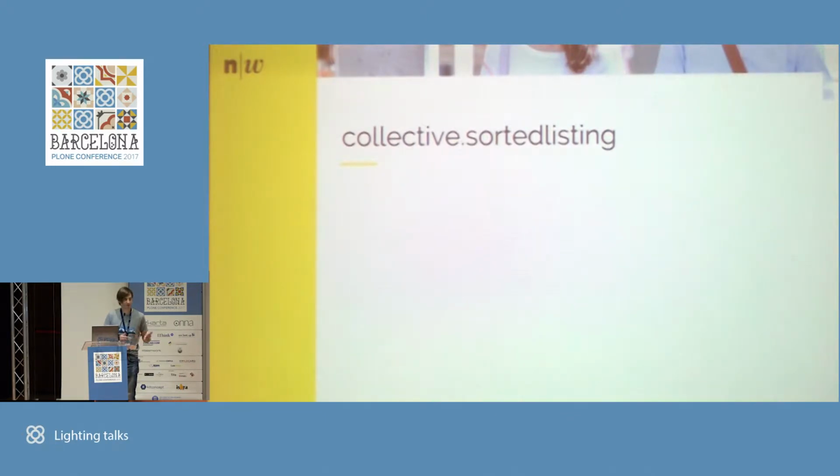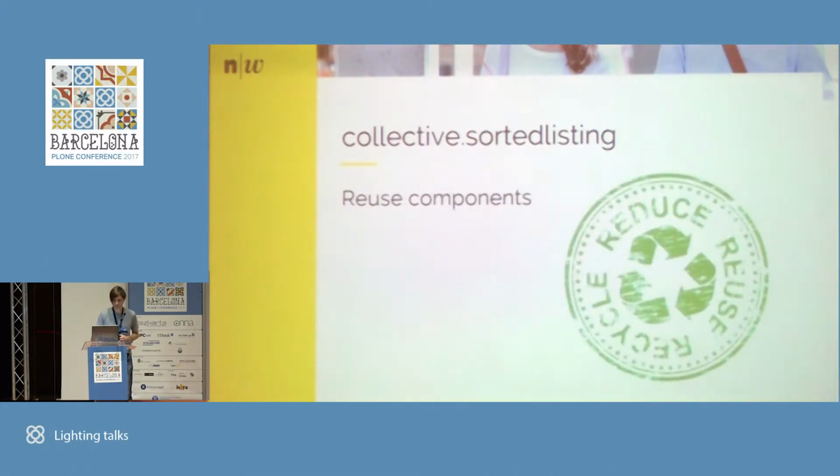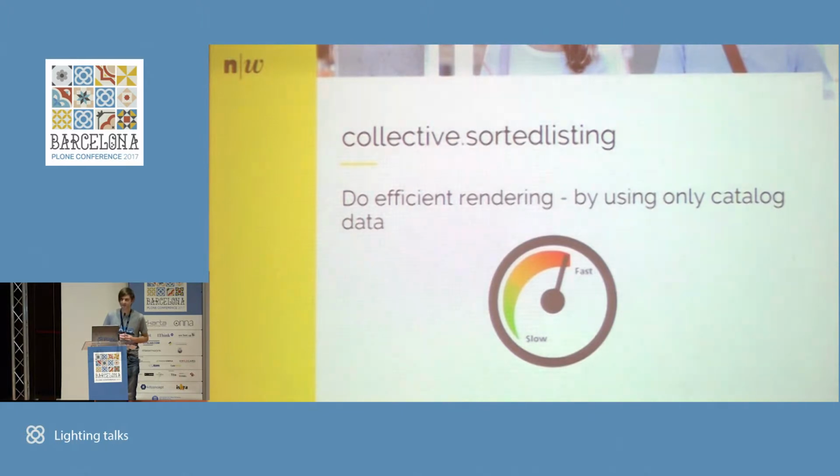And we have the requirement for a customizable sorting for the editors. So that was the main requirement, that the CMS editors can do this sorting on their own. We wanted to reuse components as much as possible, and we don't want to access the objects themselves.